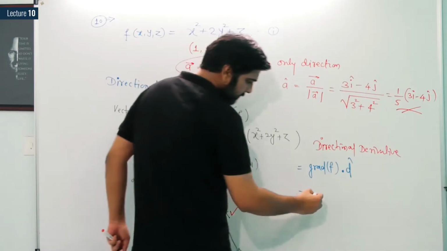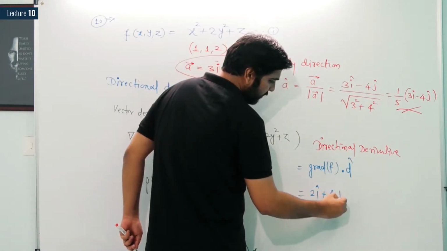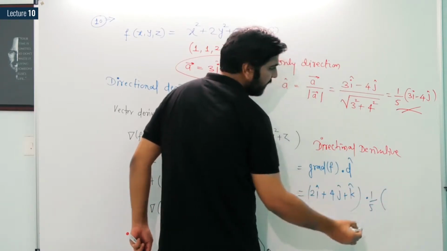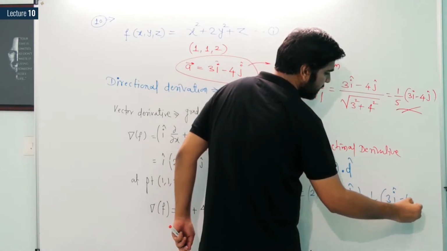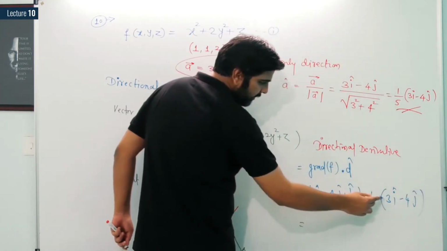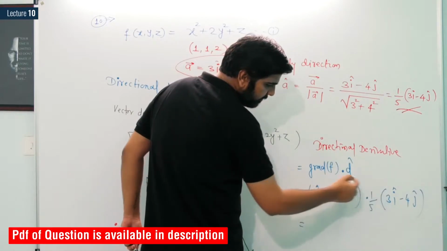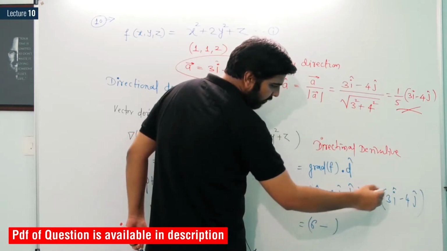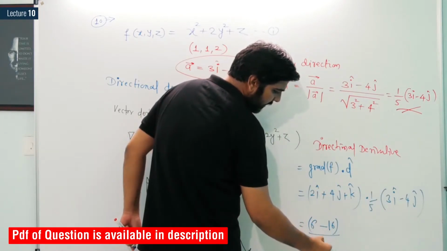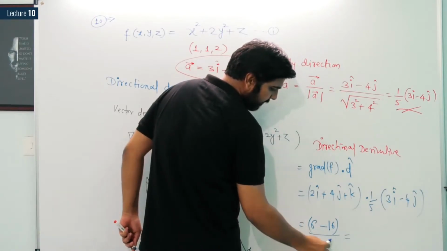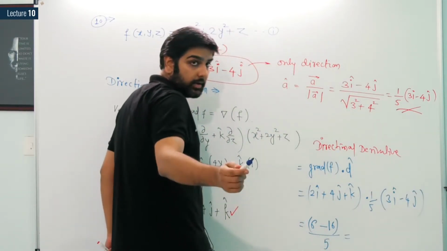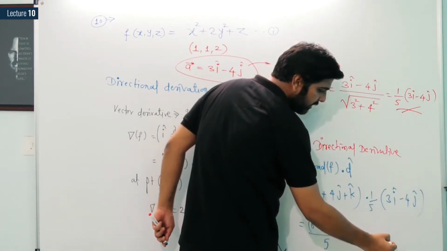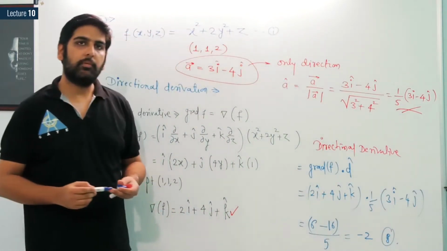So (2i plus 4j plus k cap) dot 1 by 5 (3i minus 4j). 3 times 2 is 6, minus 4 times 4 is 16, so 6 minus 16 divided by 5. So it is nothing but minus 10 by 5, which is minus 2. That will be the correct answer. You can say option B. Option B is the right answer.